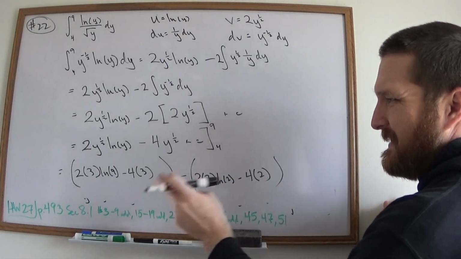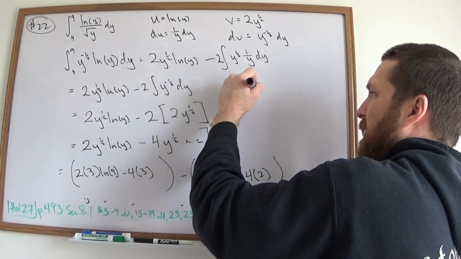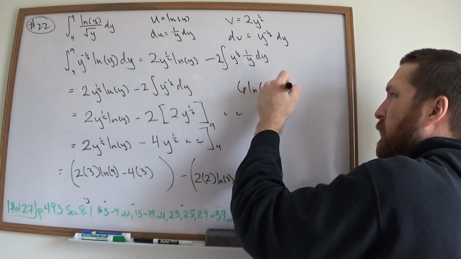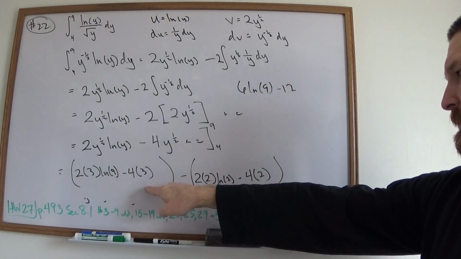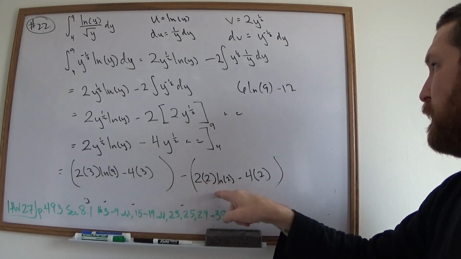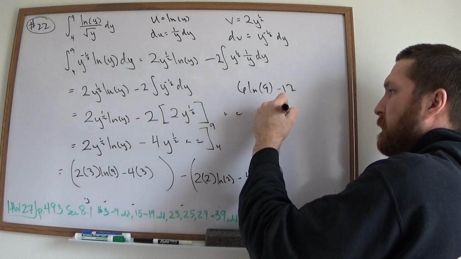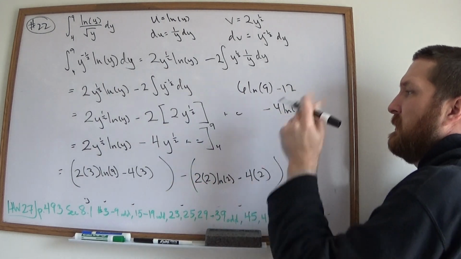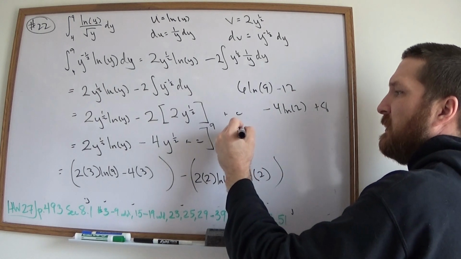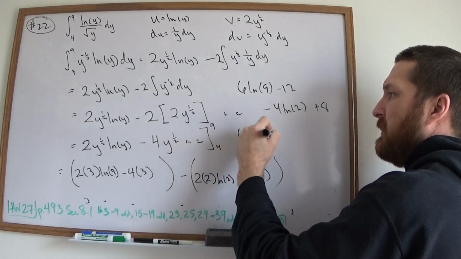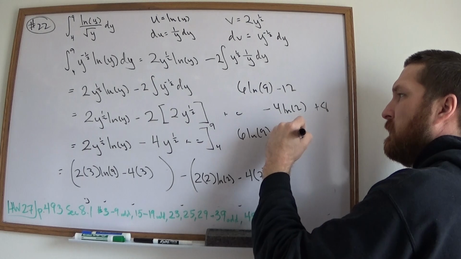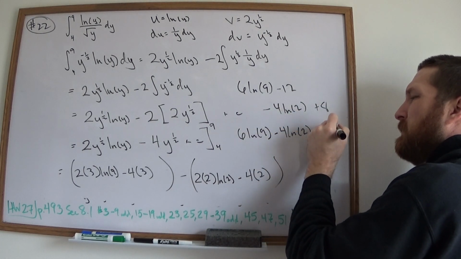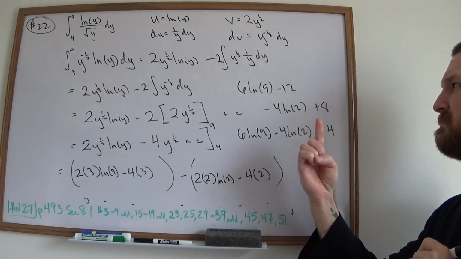So that's 6 log 9 minus 12. Yep. Minus 4 log 2 minus 8, which is plus 8. So that looks like 6 log 9 minus 4 log 2 minus 12 and plus 8, which should be minus 4, I think. 8, 9, 10, 11, 12.